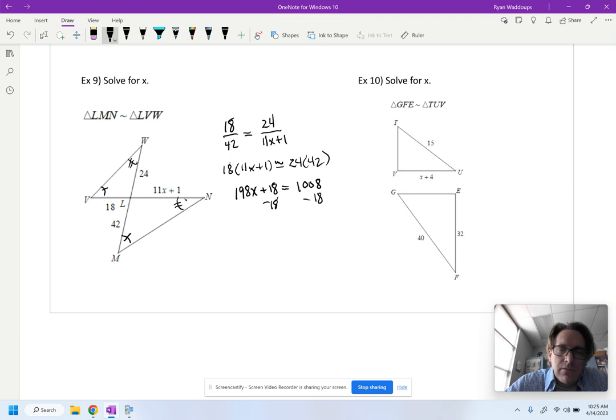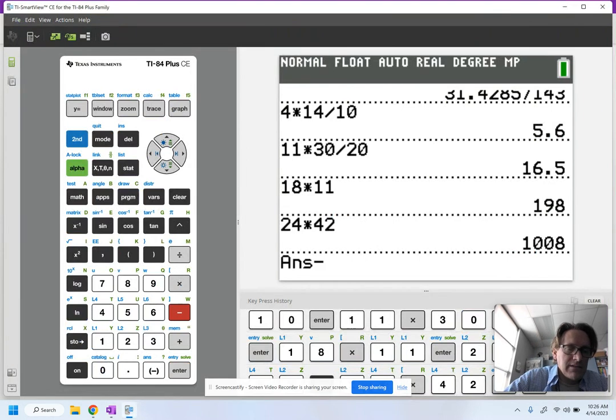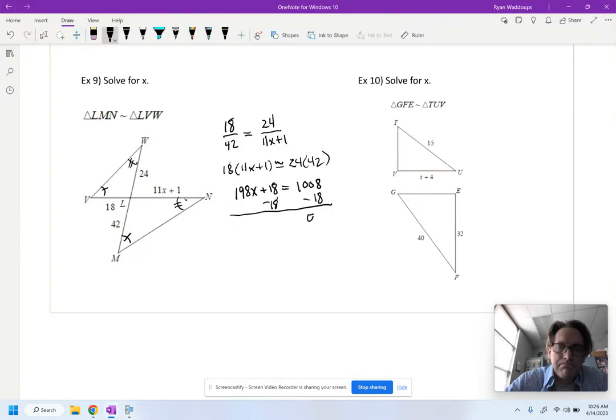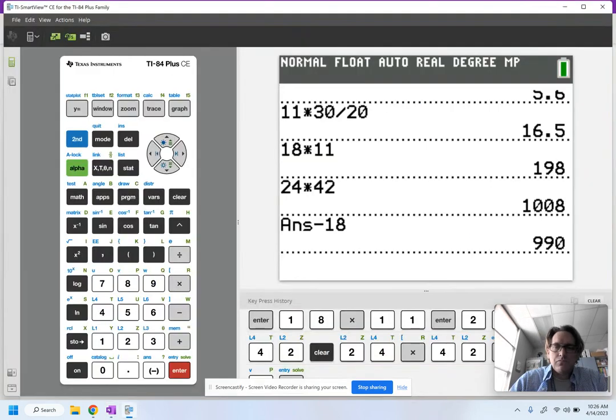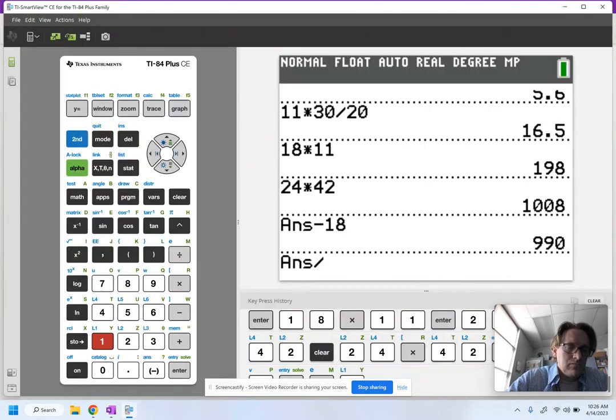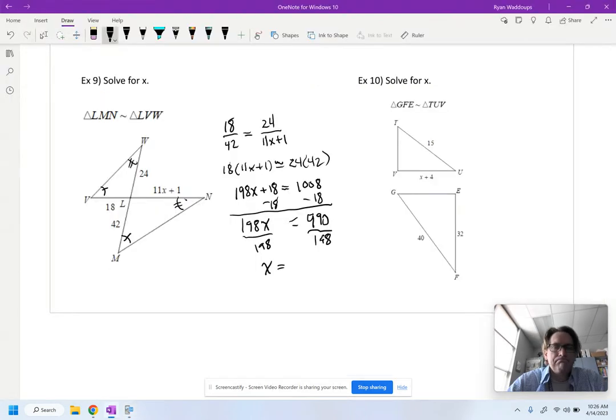Subtract 18 from both sides. So 1008 minus 18 is 990. 198x then is equal to 990. Divide by 198. And x then is equal to 5.